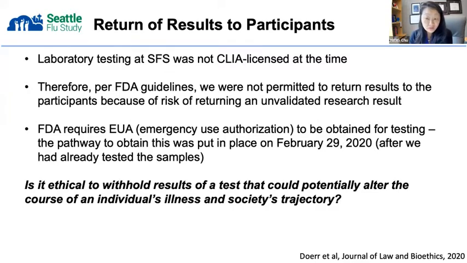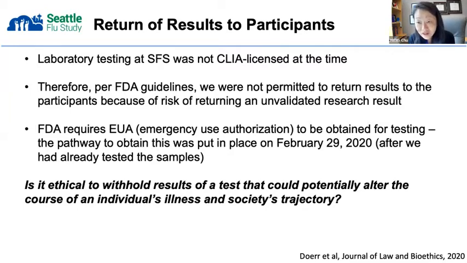So really what it came down to for samples was we could test, but we couldn't do anything with the information. We weren't allowed to return the result or report out the result because it wasn't a clinical test. But then the issue was that it was a pandemic pathogen.